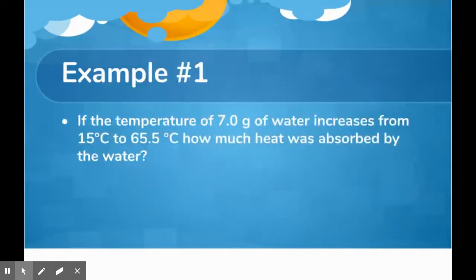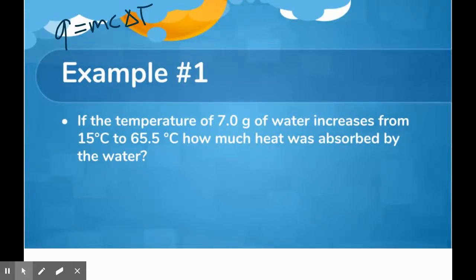So here is our first example. If the temperature of 7 grams of water increases from 15 degrees Celsius to 65.5 degrees Celsius, how much heat was absorbed by the water? Now remember, our equation is Q equals mc delta T. So we want to start by labeling all of our given information.